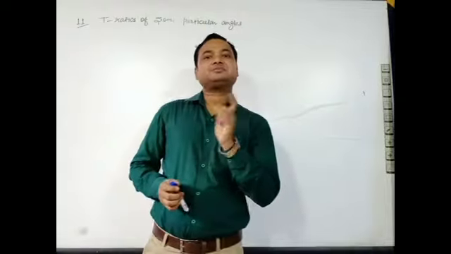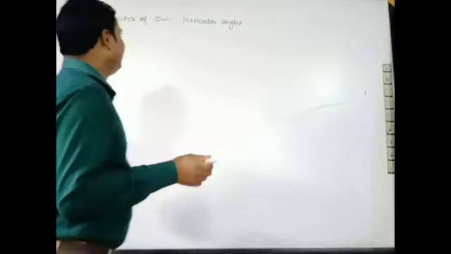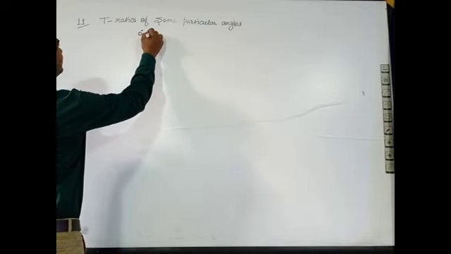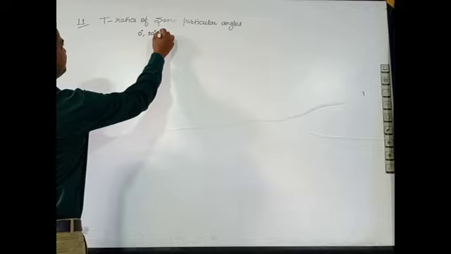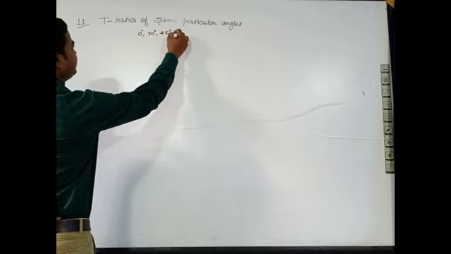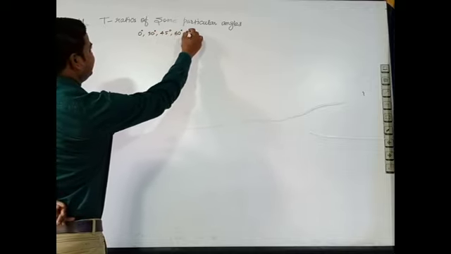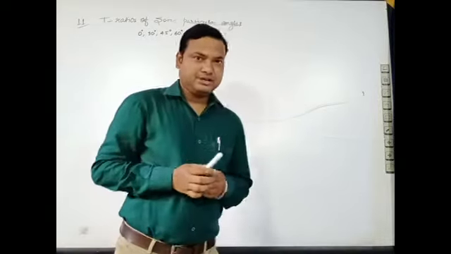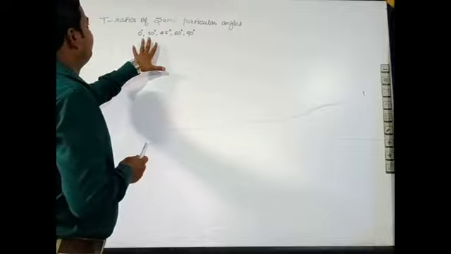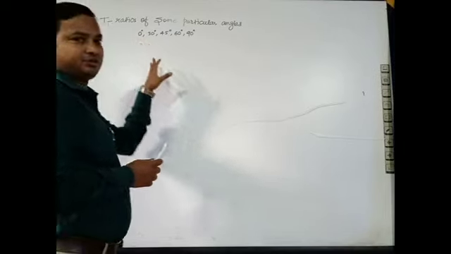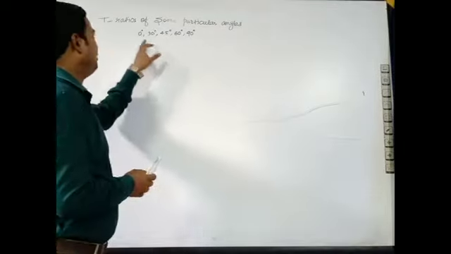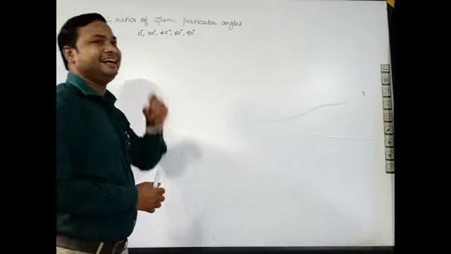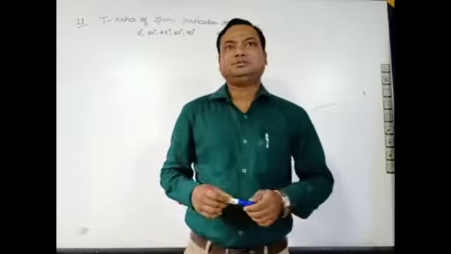Some particular angles means, we just read only about 0 degree, 30 degree, 45 degree, 60 degree and 90 degree. Today we are going to read the values of sine, cos, tan and so on of all 0 degree, 30 degree, 45 degree, 60 degree and 90 degree one by one.